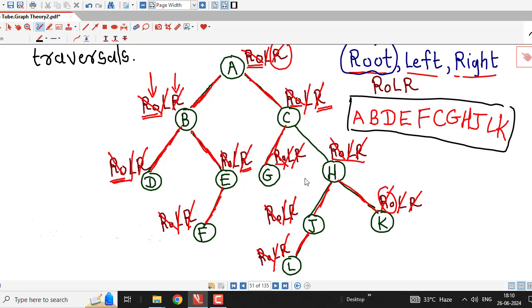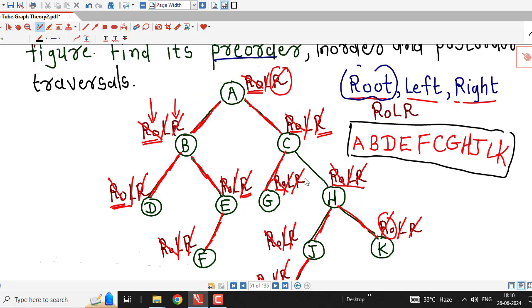So in this way we can consider pre-order traversal algorithm for traversing given ordered rooted tree. All we have to consider is that first we are processing the root, then we are considering left subtree of root, that is we will go to the left of that root, and after performing left subtree traversal we will consider right subtree traversal.